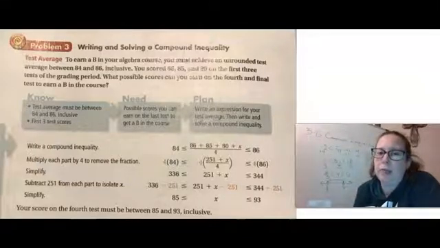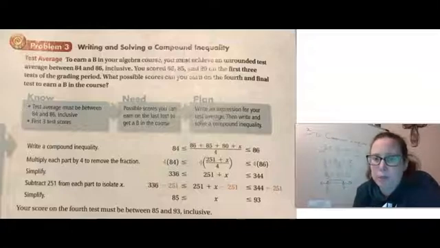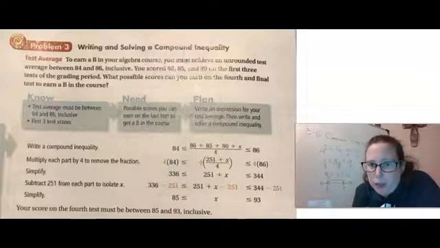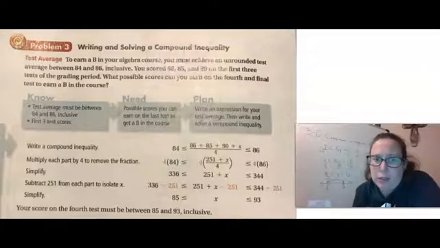That means that you can have an 84 and an 86 or anything in between. You scored 88, 85, and 90 on the first 3 tests of the grading period. What possible scores can you earn on the 4th and final test to earn a B in the course?